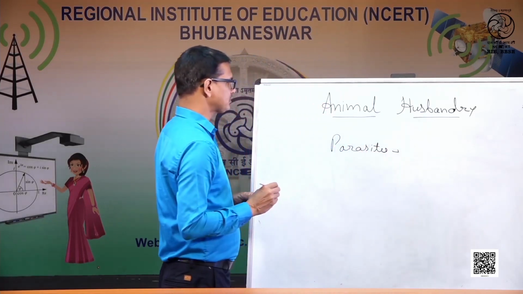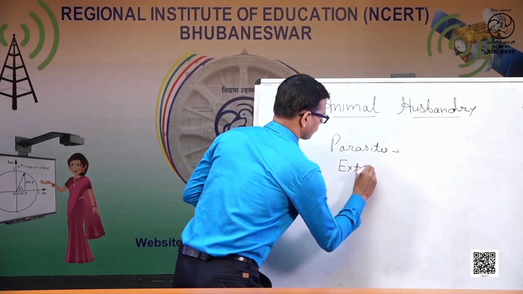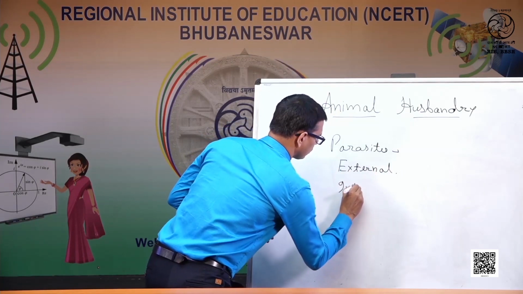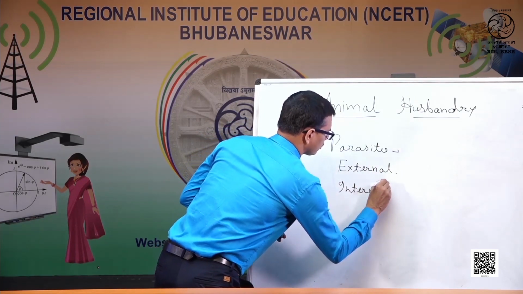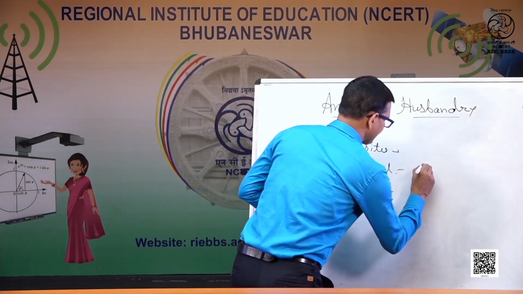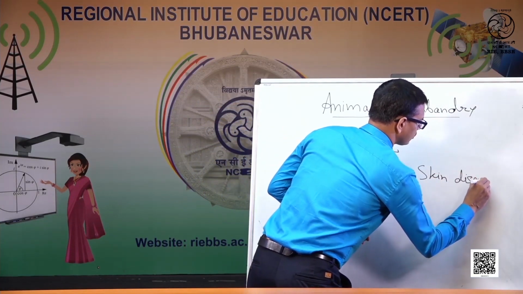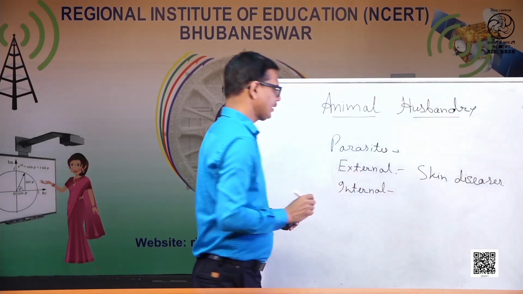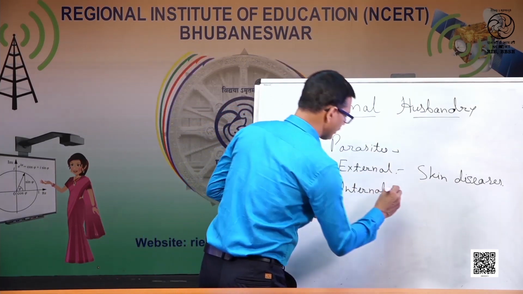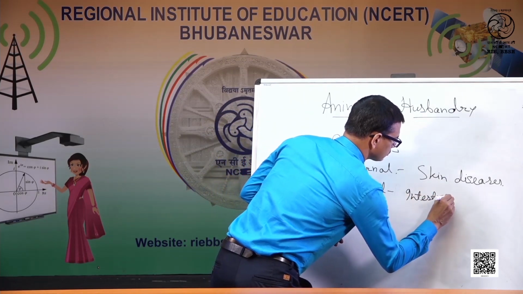Parasites are of two types: external and internal. External parasites cause skin diseases, whereas internal parasites like worms cause various diseases of the intestine. They affect the intestine and liver.